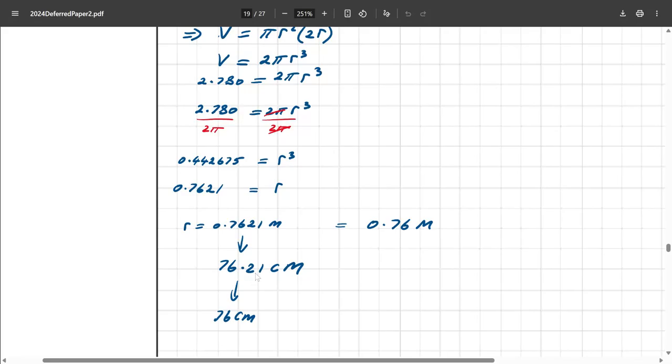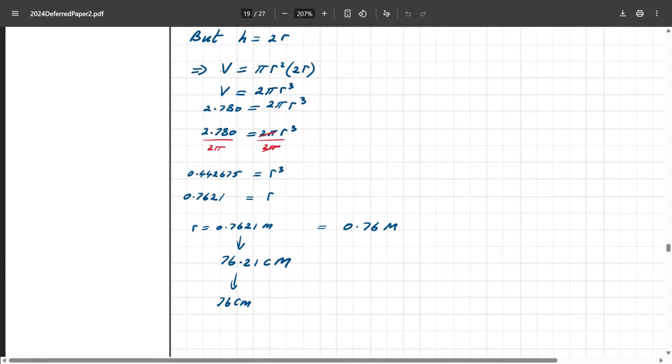But he says to the nearest centimeter, in other words, 76 centimeters. We ignore that bit basically. And again, we have to put that in meters. It's kind of confusing the way he's saying it, but what he's trying to get at, I guess, is just write the 0.76 part, because the part after that doesn't matter in terms of centimeters. So there's your answer, 0.76 meters.